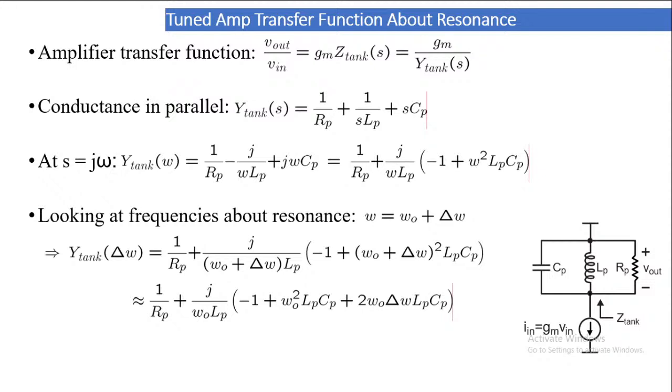Then Y tank over delta omega is equal to 1 by Rp plus j by (omega 0 plus delta omega) into Lp, whole into minus 1 plus (omega 0 plus delta omega) square into Lp Cp. That is approximately equal to 1 by Rp plus j by omega 0 Lp into minus 1 plus omega 0 square Lp Cp plus 2 omega 0 delta omega Lp Cp.